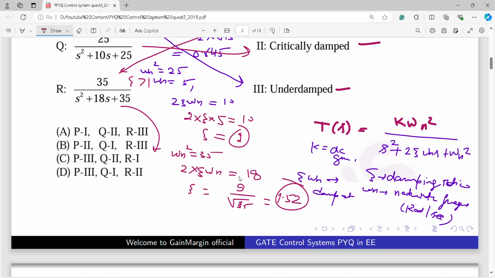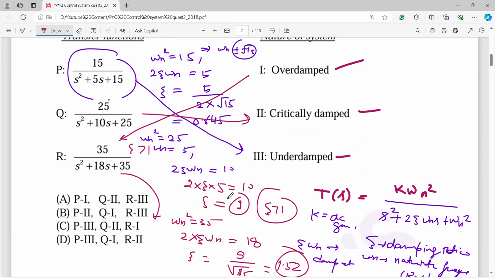Here zeta is greater than 1, so finally this is an overdamped system. This question was very simple. So I think the C option is correct, right?